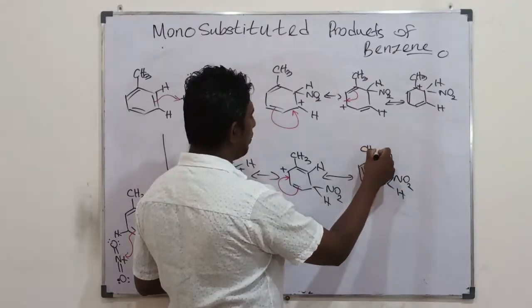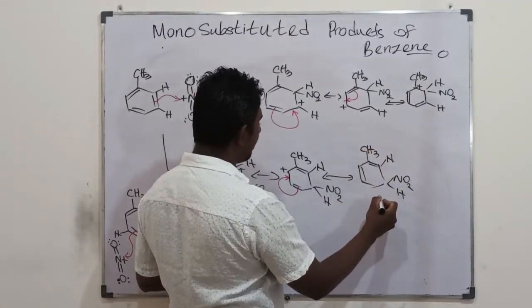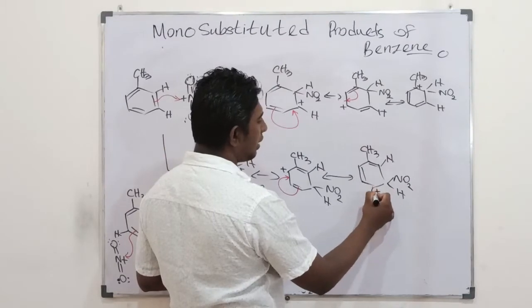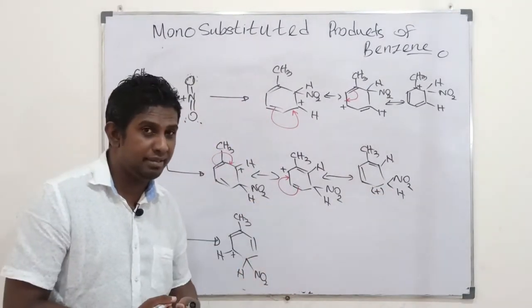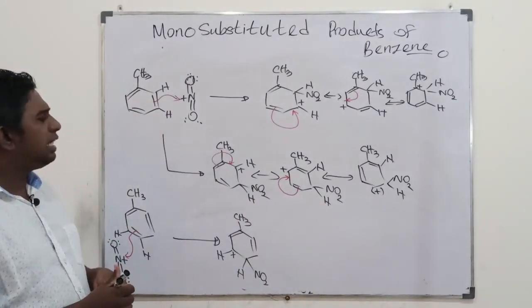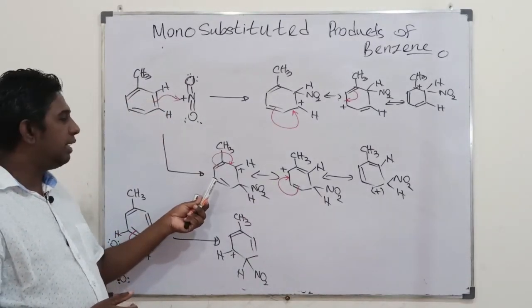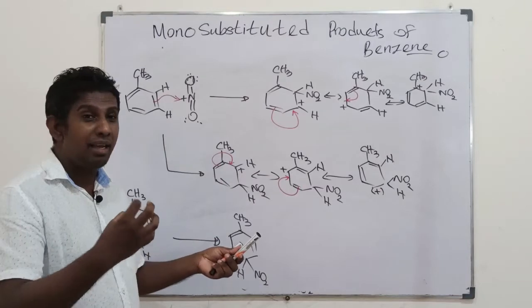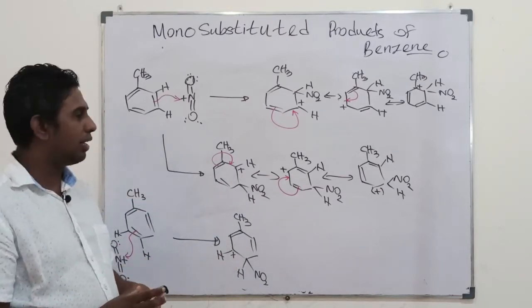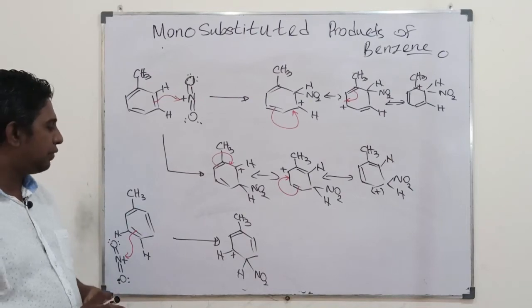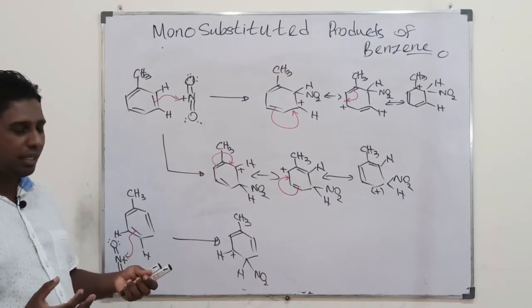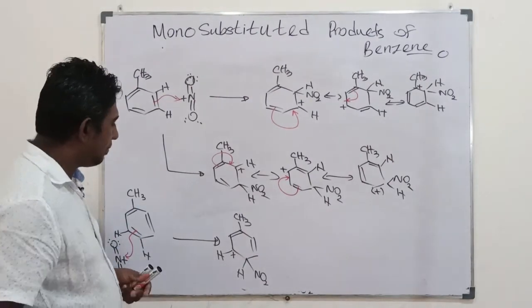This is the methyl group, and the positive charge transfers to this carbon. This is the sigma complex formed by the intermediate cation in meta attack. Okay, meta substitution.